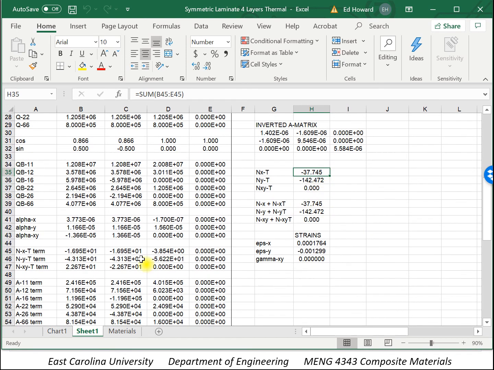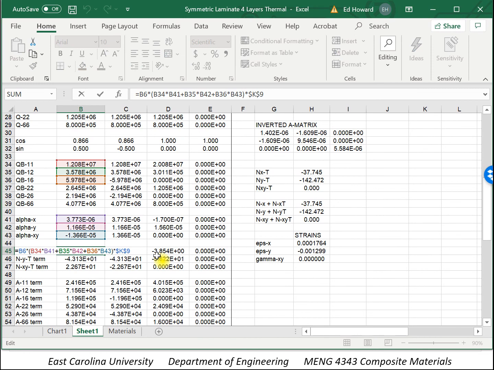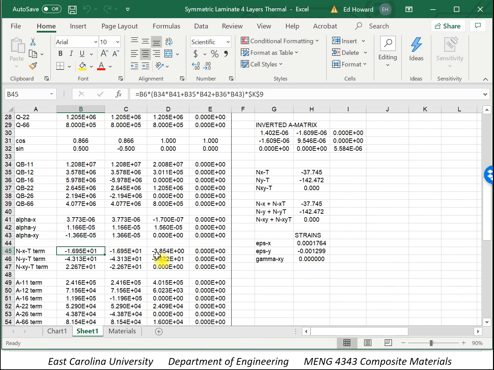But for all of these, what we've done is take the Q-bar matrix times their alpha x, alpha y, alpha xy terms and come up with the terms of the thermal loadings for each layer and then sum those up into n sub x, n sub y, and n sub xy thermal.